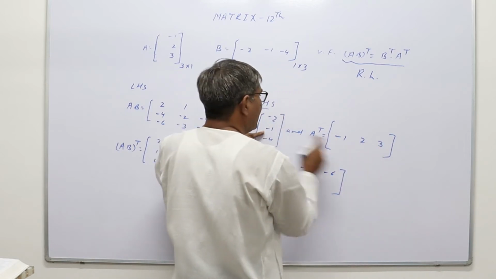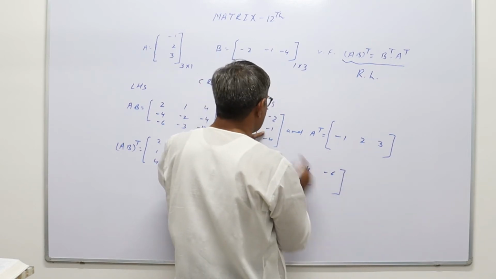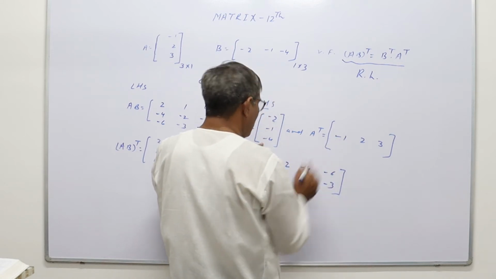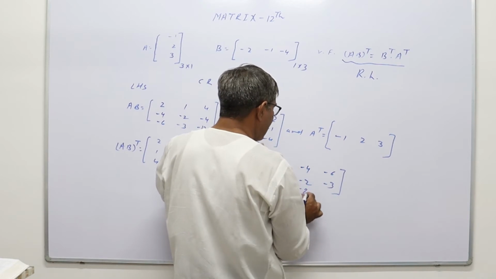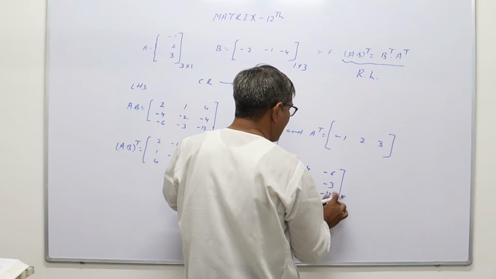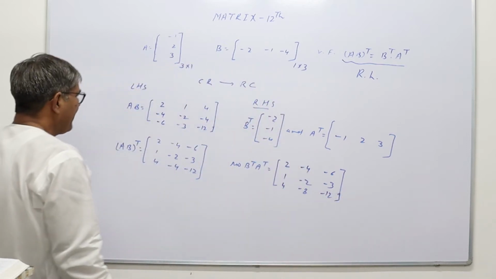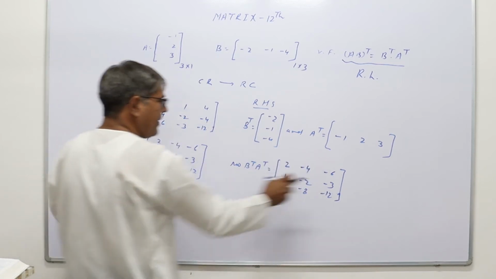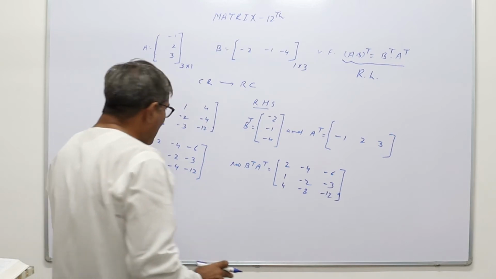Then minus 1 into minus 1, that is plus 1, minus 1 into 2, minus 2, minus 1 into 3, minus 3. Then minus 4 into minus 1, plus 4, minus 4 into 2, minus 8, minus 4 into 3, that is minus 12. So this is B transpose A transpose. Now compare the first row: 2, minus 4, minus 6; 1, minus 2, minus 3; 4, minus 4, minus 12.